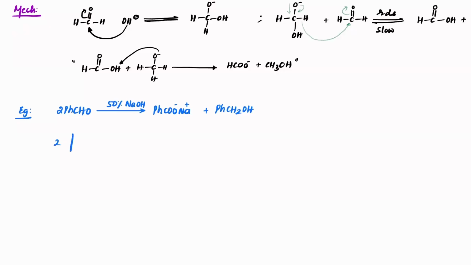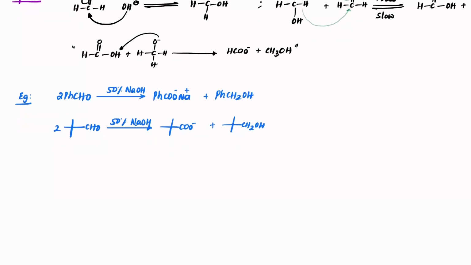Likewise, if you have 2 moles of pivaldehyde, this is called pivaldehyde, with 50% NaOH, one will become COO minus, and the other will become CH2OH. Got it? This is how the mechanism and reaction is driven.